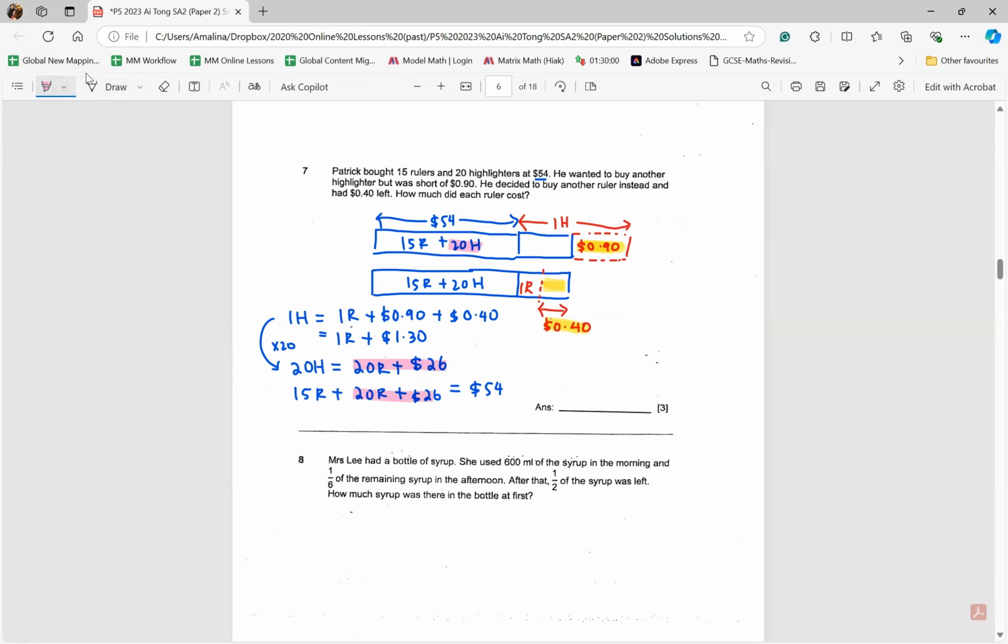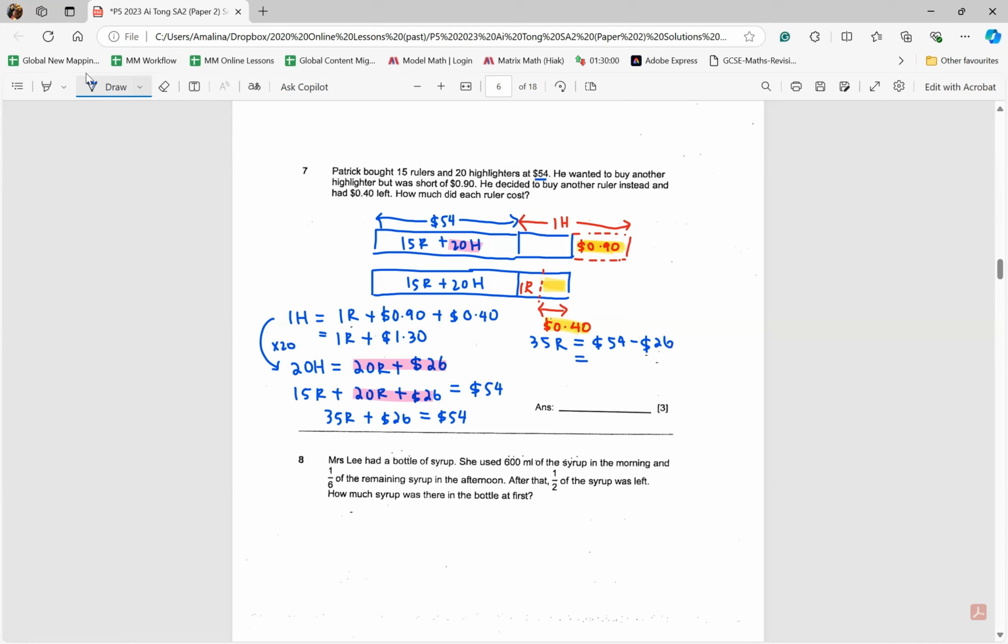Then if I simplify this equation, we get 35R plus 26 equals $54. So 35R will be equal to 54 minus 26.